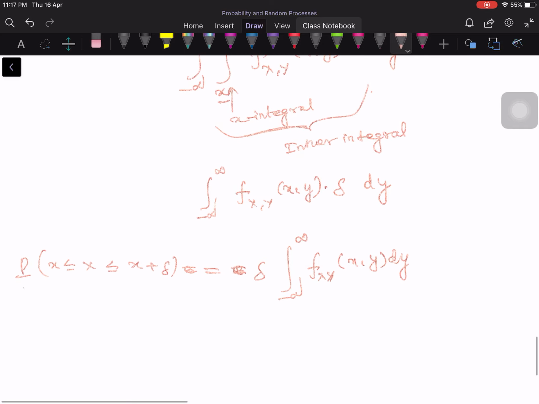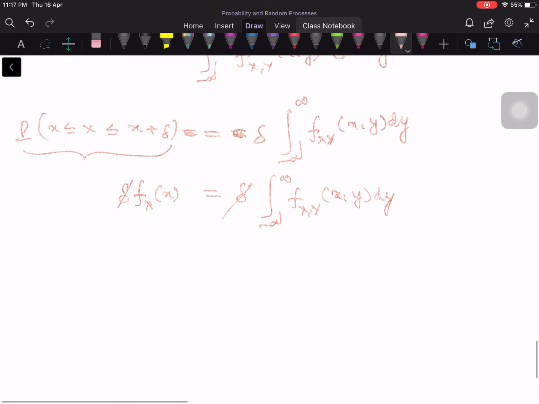This one we already proved is equal to delta times f_X(x), which is equal to delta times the integral of f_XY(x, y) dy. The delta will get cancelled, and you will end up with f_X(x), which is the integral from minus infinity to plus infinity of f_XY(x, y) times dy.